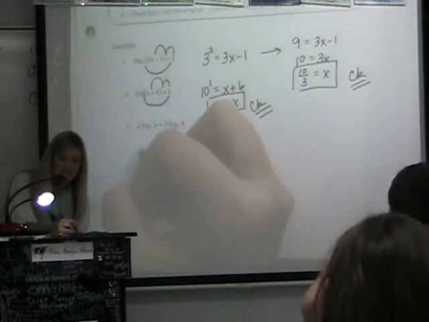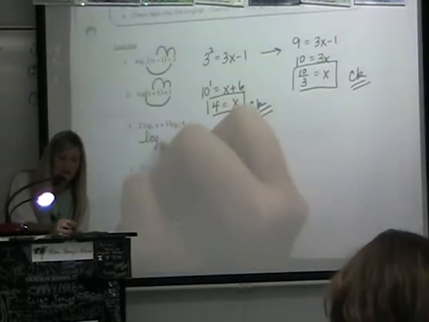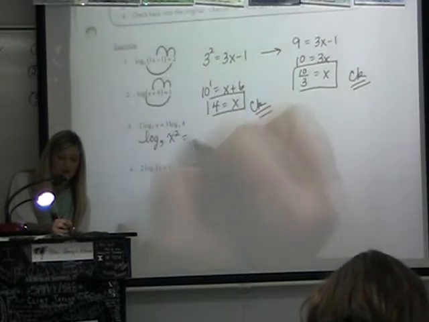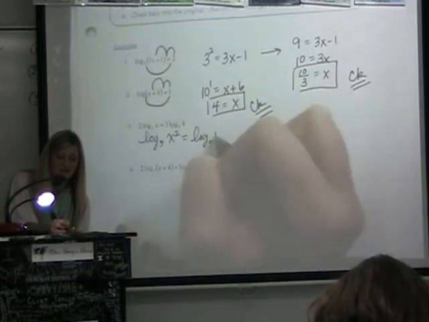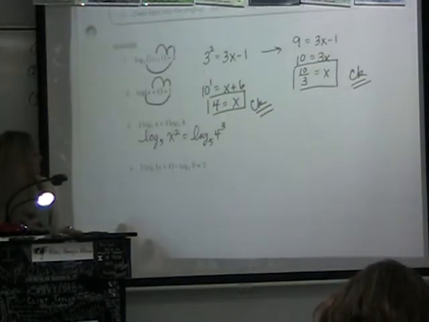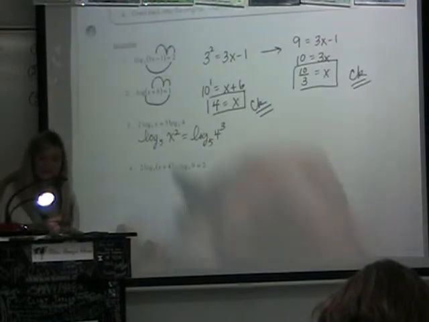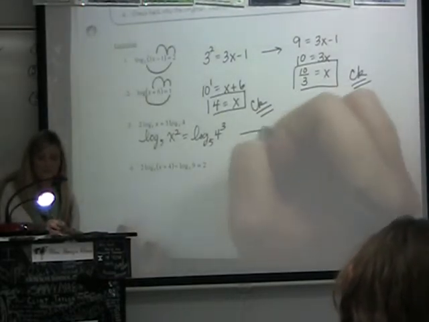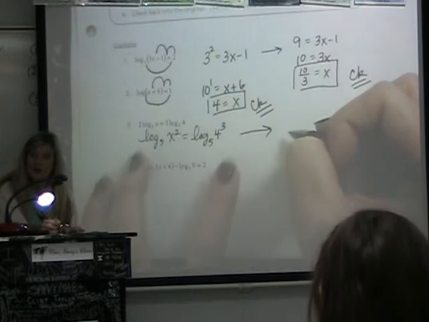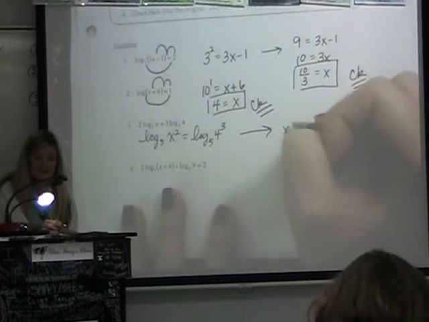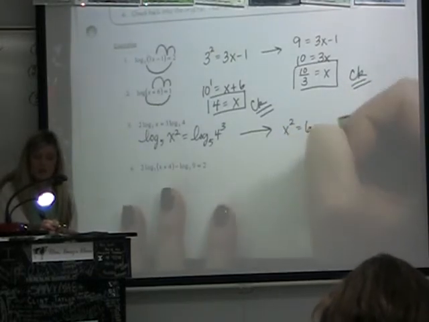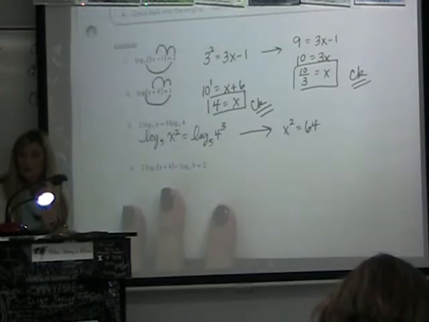Yeah, I got to pull my exponents up. So log base 5 of x squared equals log base 5 of 4 cubed. Now the property states that you can drop the logarithms and set x squared equal to 4 cubed, which is 64.